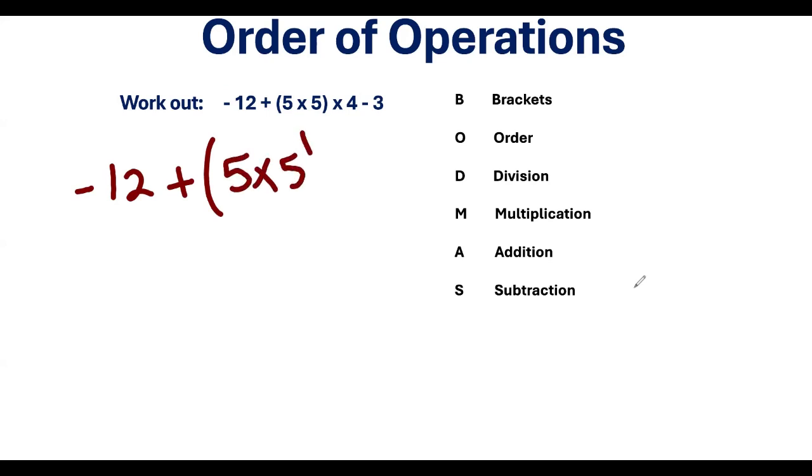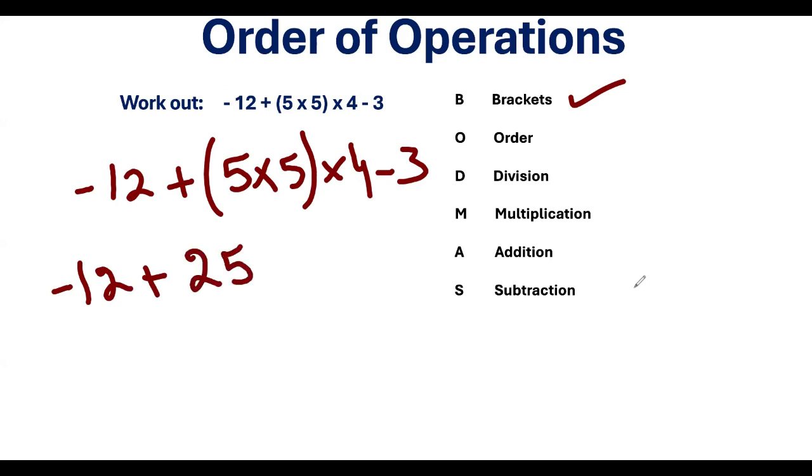Minus 12 plus (5 multiplied by 5) multiplied by 4 minus 3. You have to check for brackets. Yes, we have brackets here. Solve the bracket first. 5 multiplied by 5 is 25.